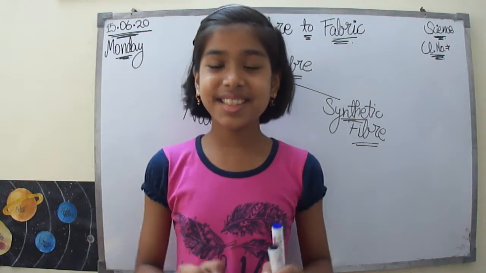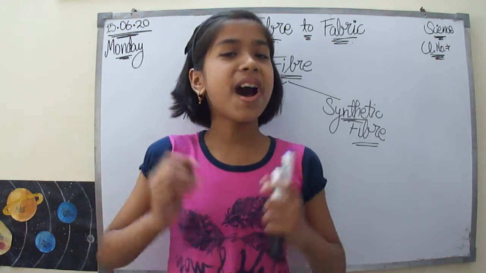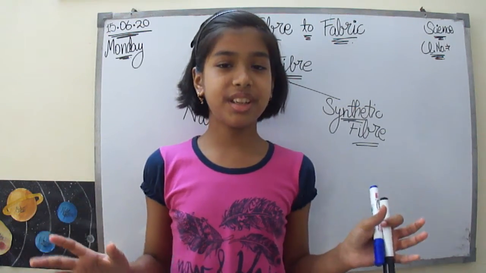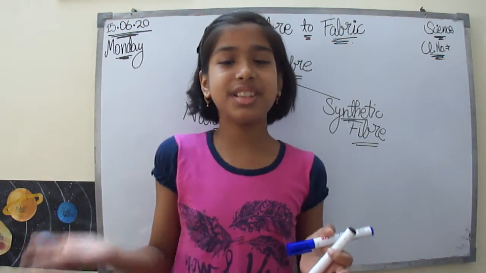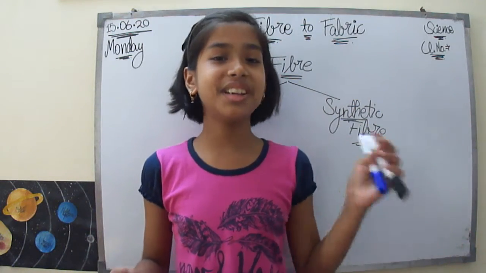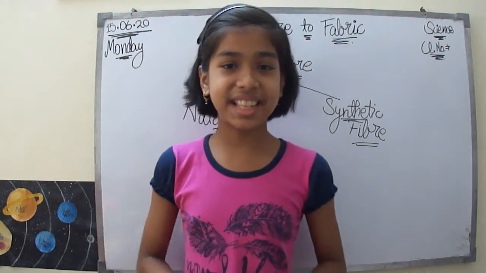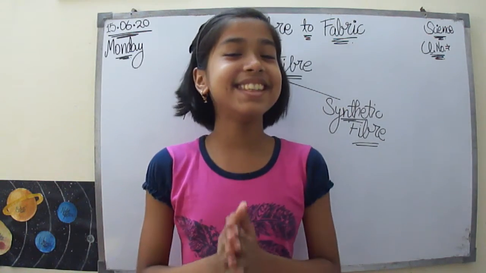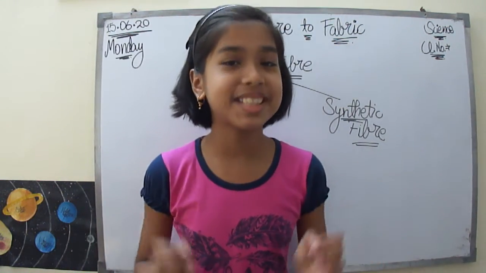Now let's see more about these two. How can you differentiate between two fabrics, whether one is made up of natural fiber or synthetic fiber? So let's see. For that I'm going to have a fabric made up of synthetic fiber.